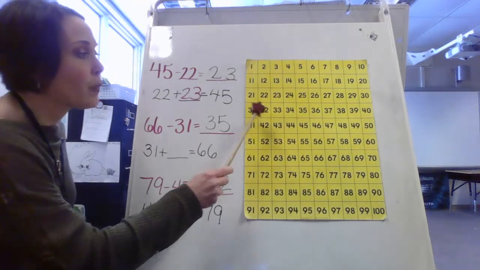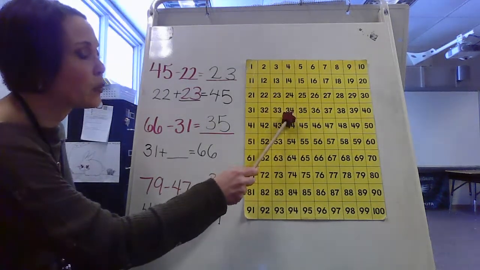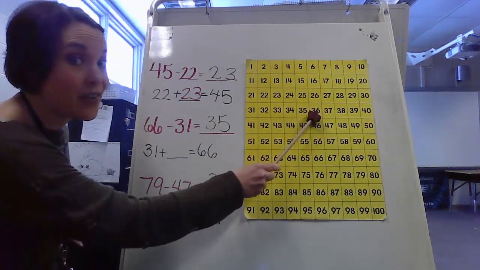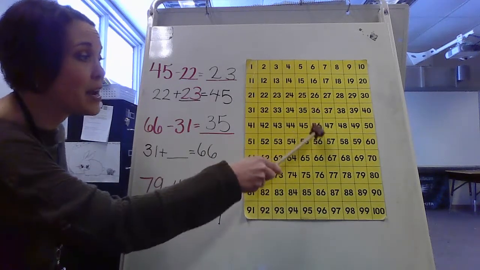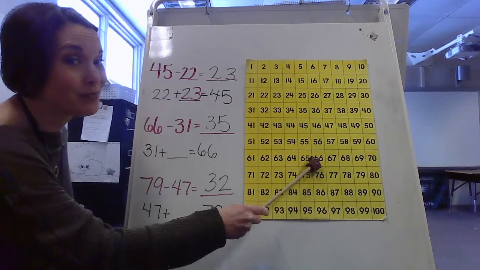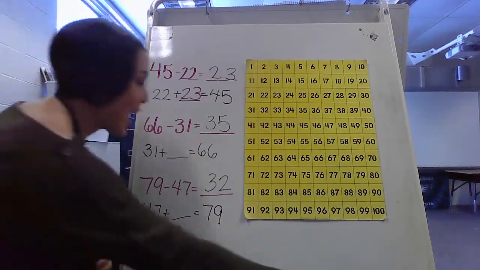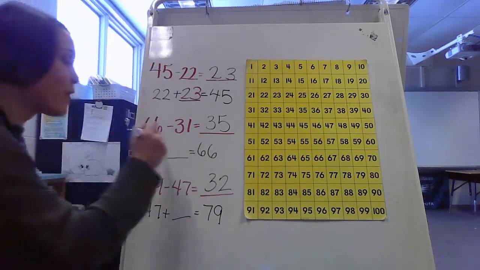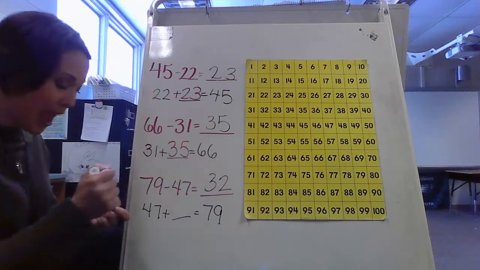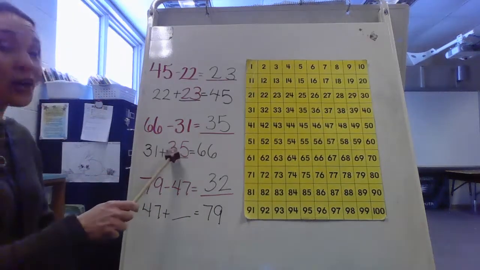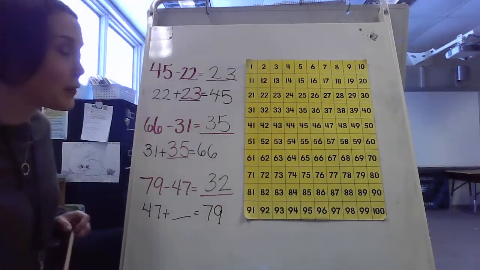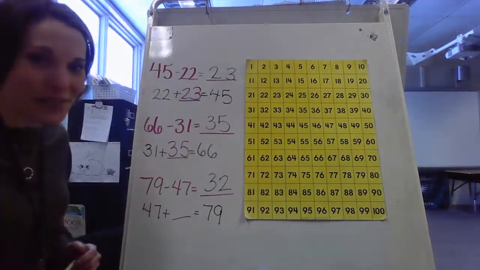So here we go. 1, 2, 3, 4, 5. Now how many tens to get to 66? 10, 20, 30. So there we have it again. We have 35 as our difference. It matches the difference that we did.